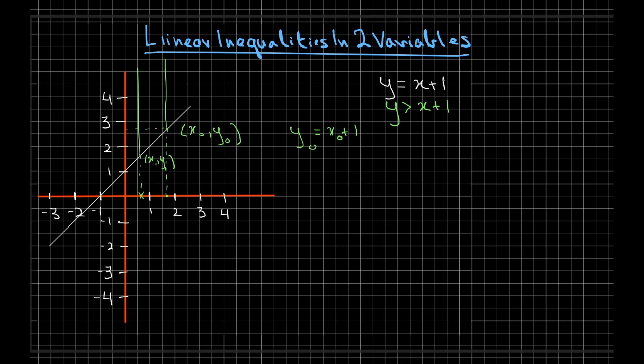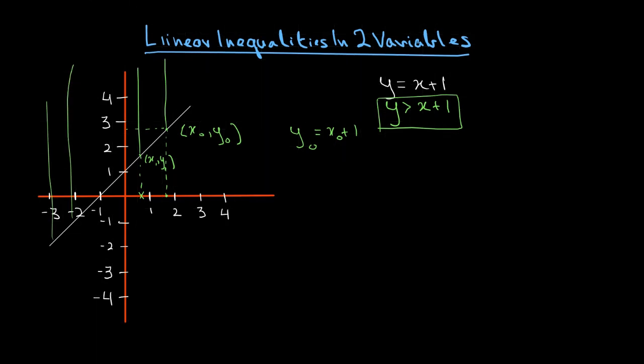So this applies everywhere, which means that if I consider this inequality, y greater than x plus 1, then everywhere above the line, this inequality will be satisfied. So the green region is where y is greater than x plus 1.